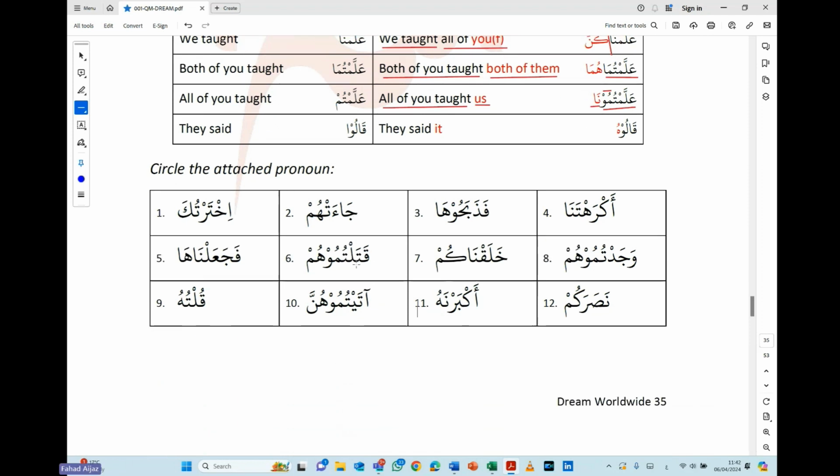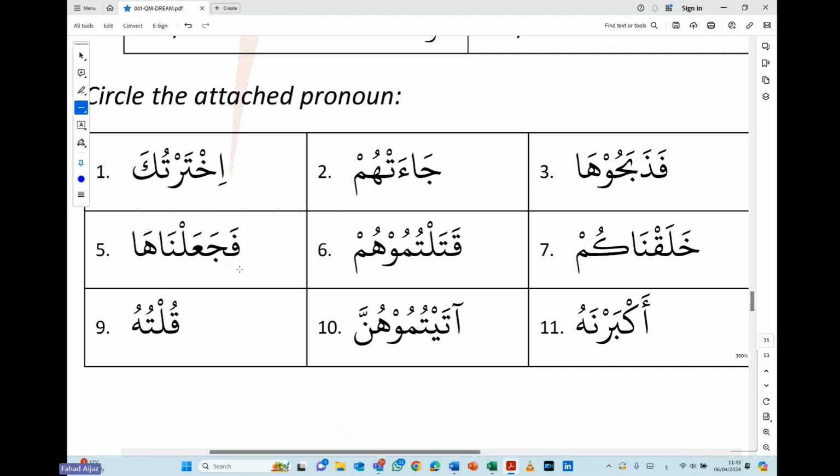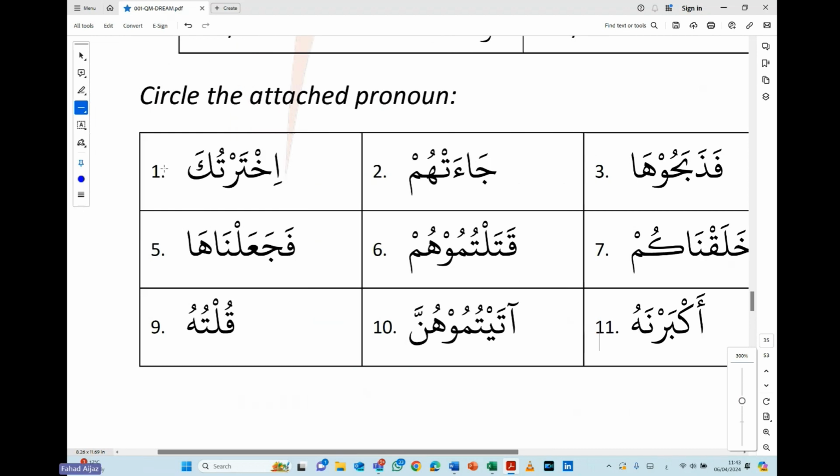In this next exercise, a very simple exercise, I think you should do it yourself. I'm not going to touch upon this. So you have to identify the attached pronouns in the fi'ls. What you need to do is look at the fi'l. For example, اخترتك.